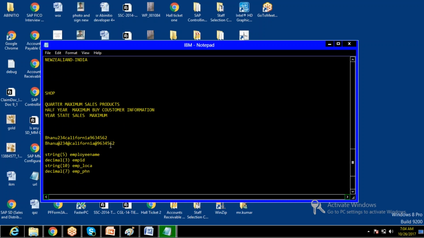Here the source system is like this, where the data is of fixed length.